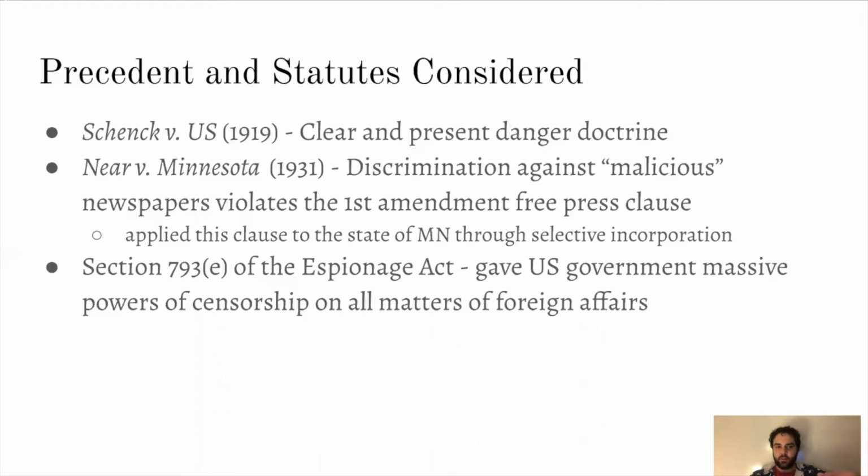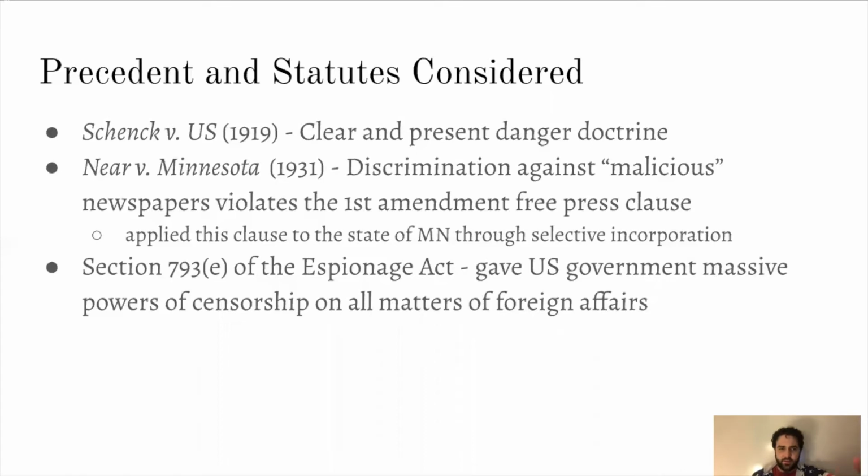In this case, they looked back at precedents, including Schenck v. U.S., where the court tried to determine whether something was an episode of clear and present danger. The court looked back at precedent and statutes as they considered this case, as the court sought to determine whether the publication of the Pentagon Papers presented a clear and present danger.